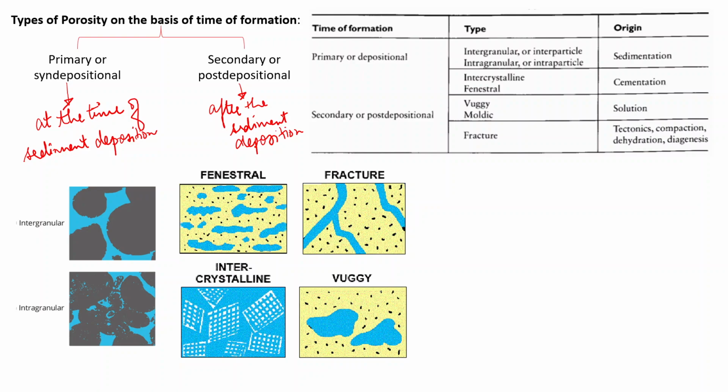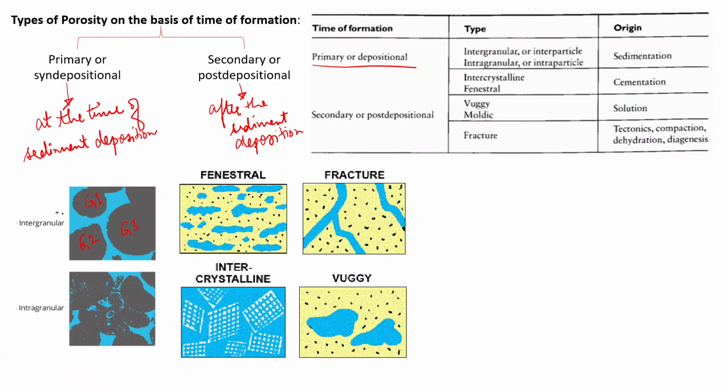Now there are several ways in which it may form. You can see over here that for the primary or depositional porosity, one way is sedimentation. Here you will be finding intergranular pores. So this is one grain, this is another grain, this is the third grain, and you can see that between these grains there is the development of the pore.